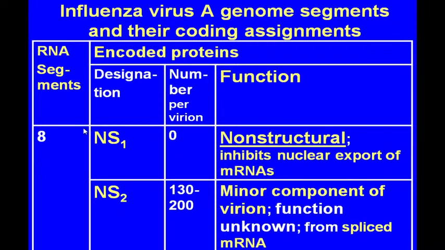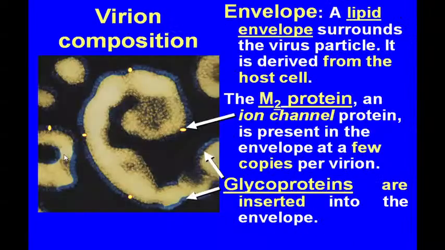So then the eighth segment gives rise to the non-structural proteins that are minor components, and they are important in the export of mRNAs and translation of mRNAs, and it happens as a result of the splicing of the 8th fragment.